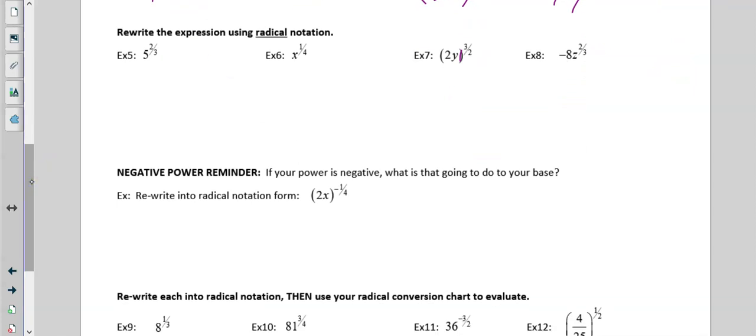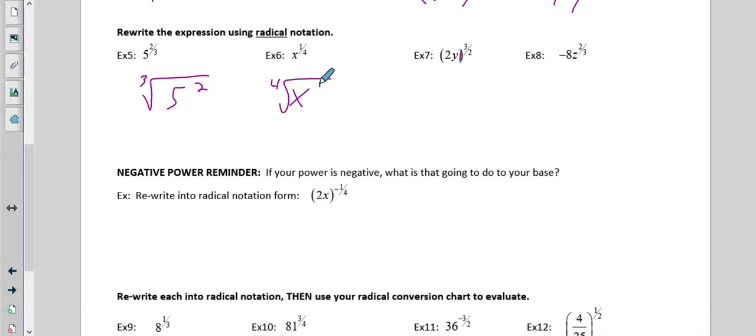Now going the other way. So we write this, we put the 5 underneath. Okay? Remember, the denominator goes outside, and this is 5 squared. X to the 1/4, so the x is going to be underneath. The denominator goes here, and we can put the 1 or not, it's okay.